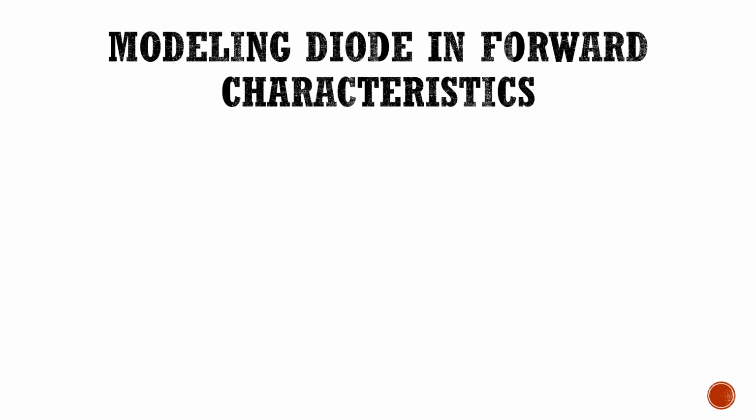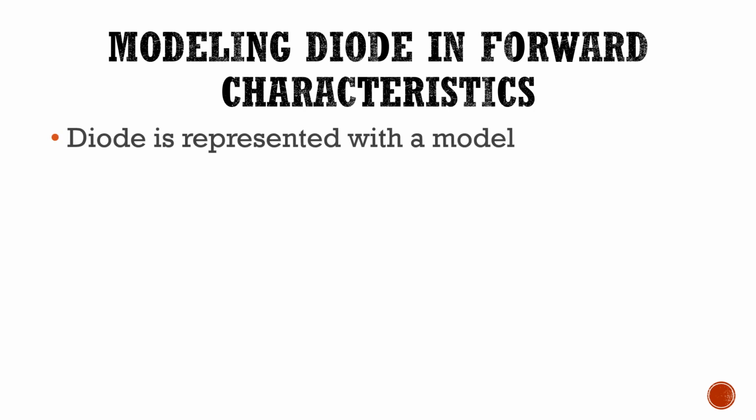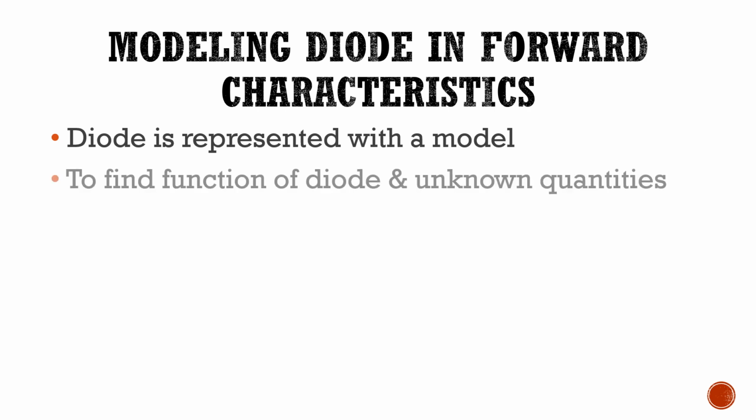Now we will understand modeling of diode in forward characteristics. For analysis of circuits, diode is represented with a model. It is done to find function of diode and unknown quantities like diode voltage and diode current.